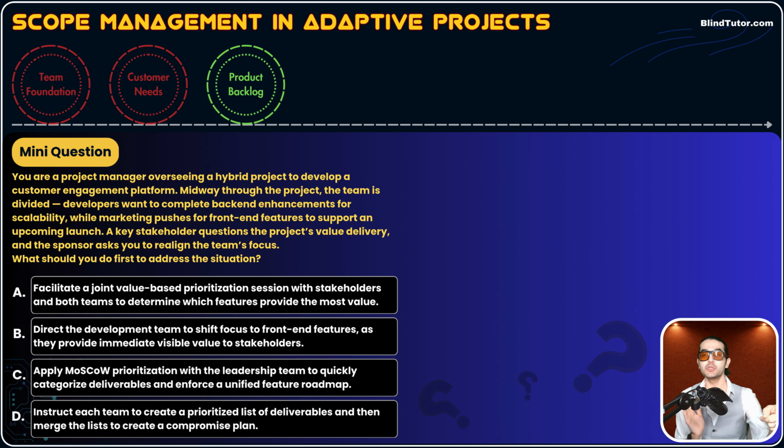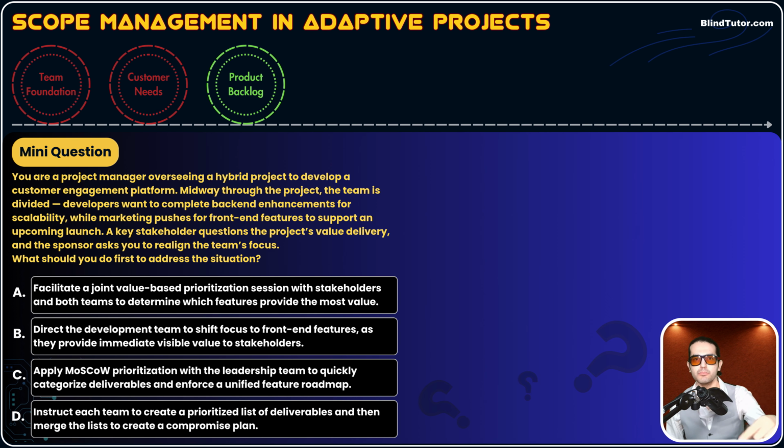But option A suggests a joint session. Everybody's input is important. Option C ignores a big portion of the stakeholders and enforces. Guys, enforce, strong negative word. See, if you were between option A and option C, which you have the right to be between these two options, use mindsets, guys.